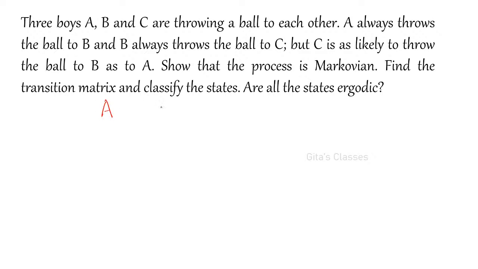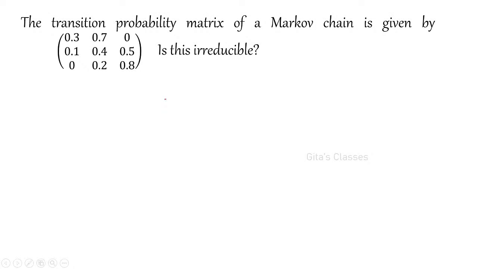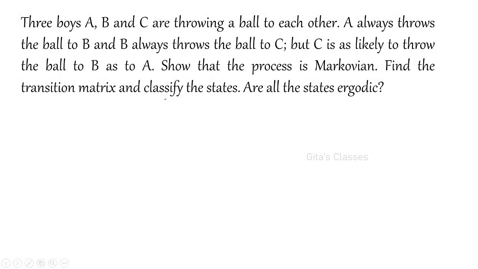I have 3 persons A, B and C. Here again A, B, C. What is given? A, B, C are throwing the ball to each other.